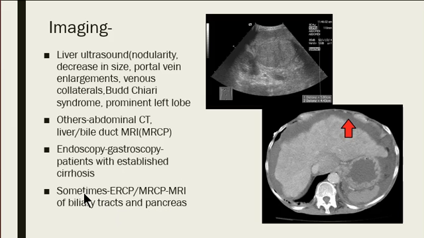Apart from that, finally we have ERCP or MRCP, which is the MRI of the biliary tract and pancreas. So with this, we conclude our lecture on the clinical features as well as the imaging.